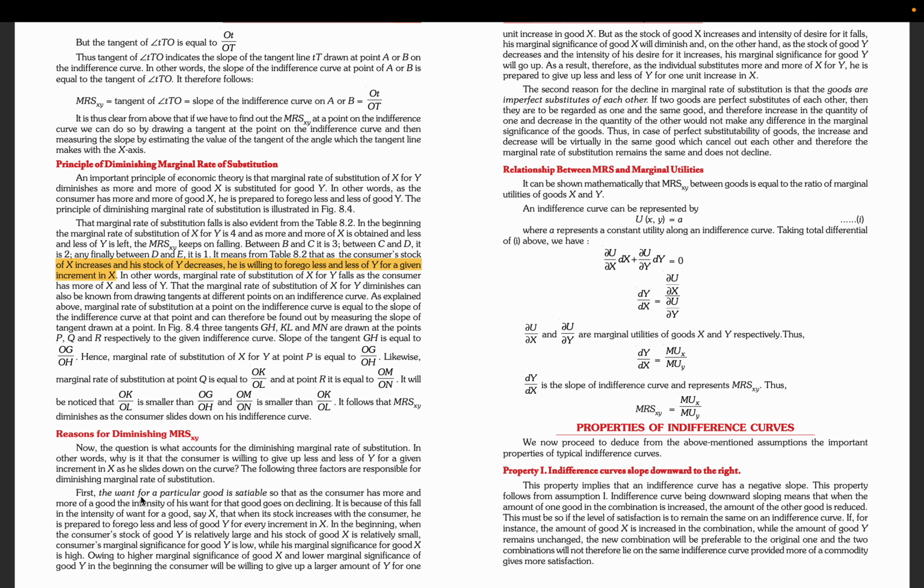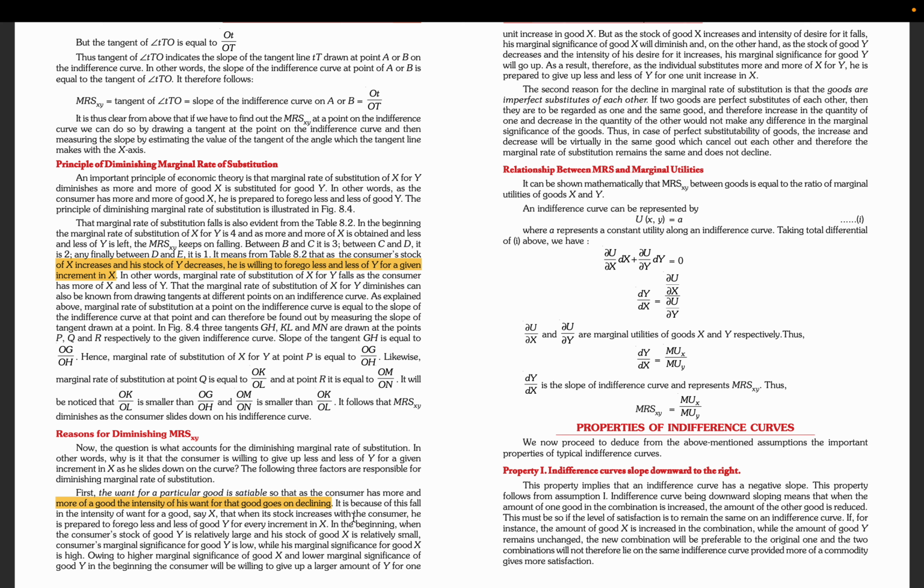First, the want for a particular good is satiable, so that as a consumer has more and more of it, the intensity of his want for that good goes on declining. So if he gets more and more of x, which he wanted and was ready to substitute y for, as he gets more of that x, his intensity to want more of that good is declining.